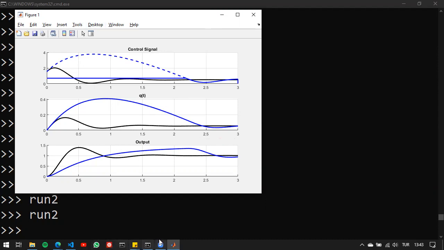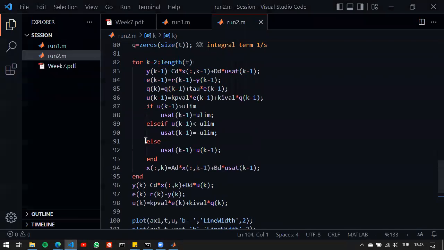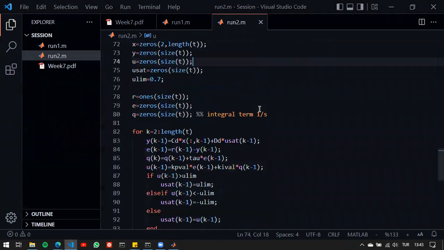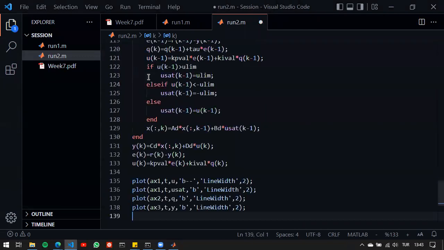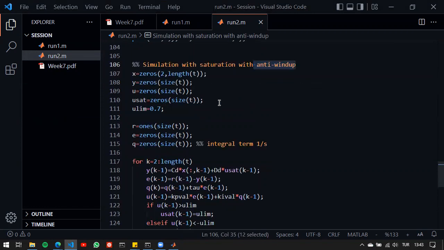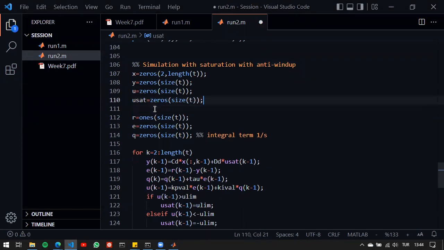Therefore, let's copy and paste this part again. But now the wind-up prevention part is going to be included. Therefore, we might call it with anti-windup, since this was caused by windup, and we'll just get rid of the effect here. Again, we have a certain limit. We don't really have to assign this anymore.